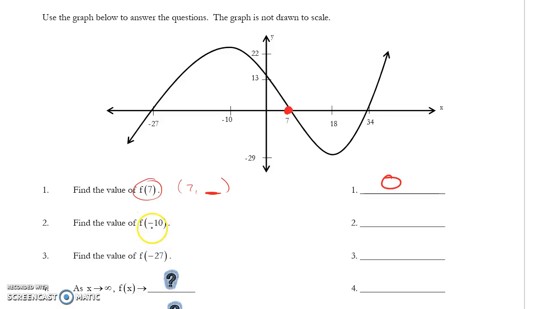So as my graph is at negative 10, I'm at negative 10 here, what's y? I want that ordered pair. Well, again, it kind of got skewed as I printed it. It's always going to be at the numbers I give you. I'll never ask you to estimate a number. And at negative 27, we're at 0 again.